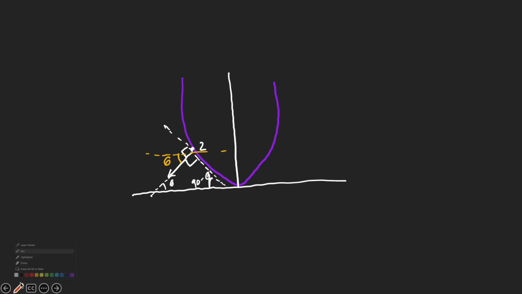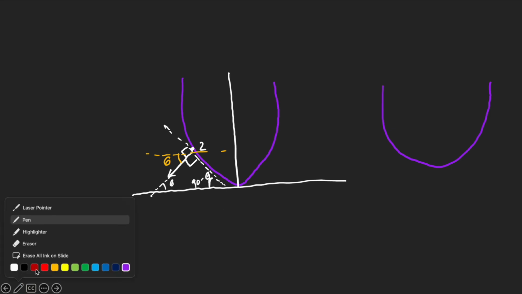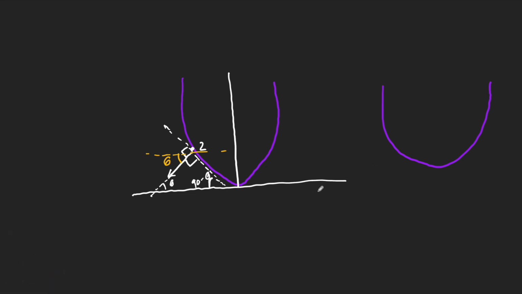Let me draw once again for your ease. Say this is our parabola. This is the horizontal axis, this is the vertical axis, the y-axis. This is the point 2. The point 2 has a tangent.